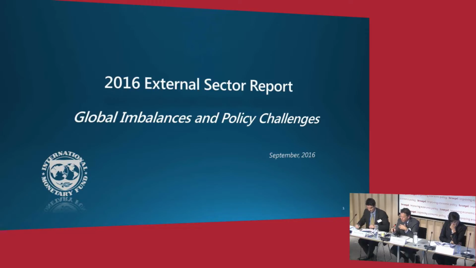In the lower bottom corner, we see that the surplus commodity exporters are seeing lower surpluses, so that's good for imbalances. On the other hand, the importers that were running deficits are seeing those deficits improve. And so both of these are very positive for global imbalances.